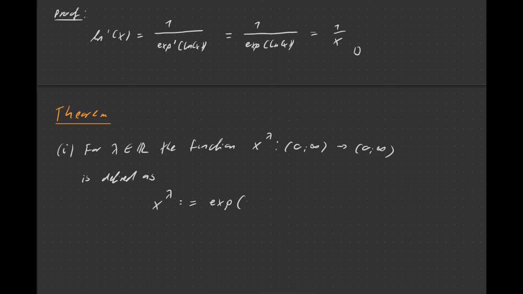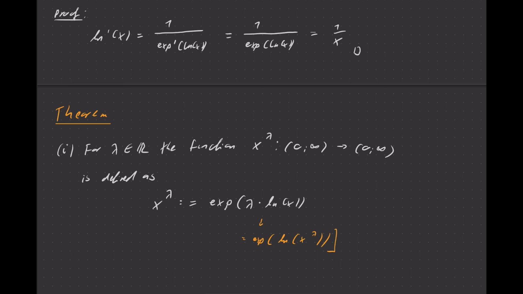We can reformulate that to read like lambda times ln x, right? Remember, this here is the same thing as the exponential function of ln x to the power of lambda. Obviously, the exponential function of the ln is the same as the argument, so this is x to the power of lambda, and this motivates this definition.